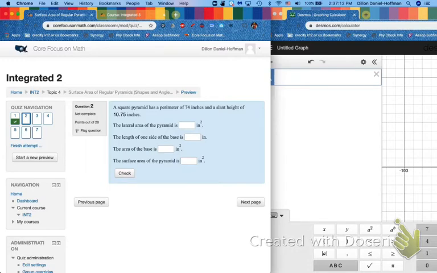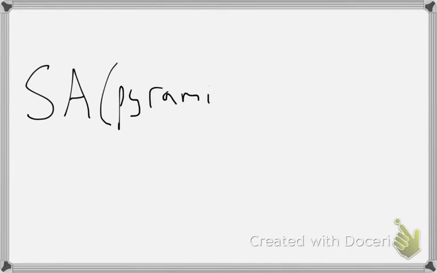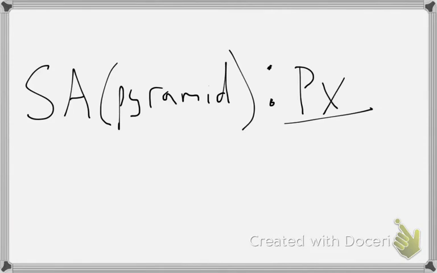All right, hopefully you're back with your paper because I want to write for you a formula. All right, surface area of a pyramid goes like this. We are going to take the perimeter, P, times the slant height.